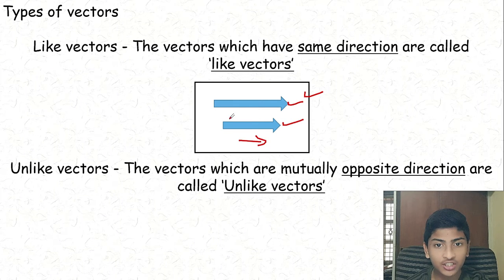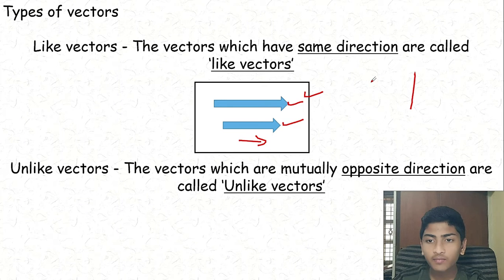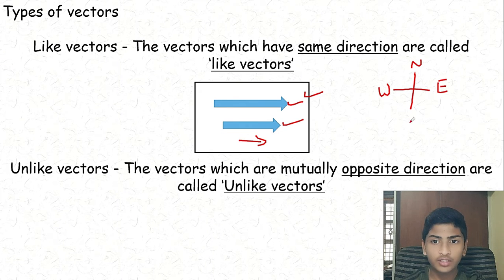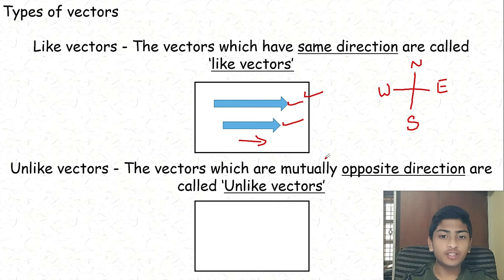If we take a compass with north, east, west, south, these two vectors go in the same direction, that's east. This is like vectors. Unlike vectors are vectors with mutually opposite directions.